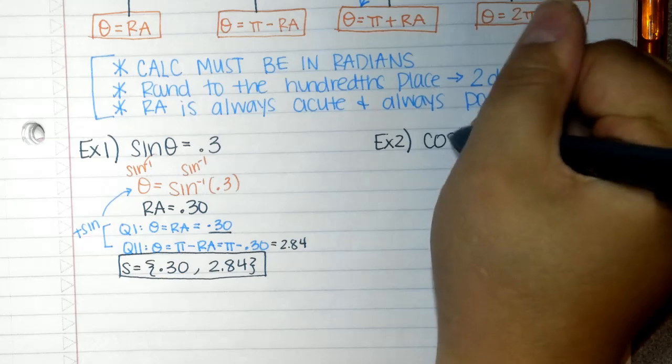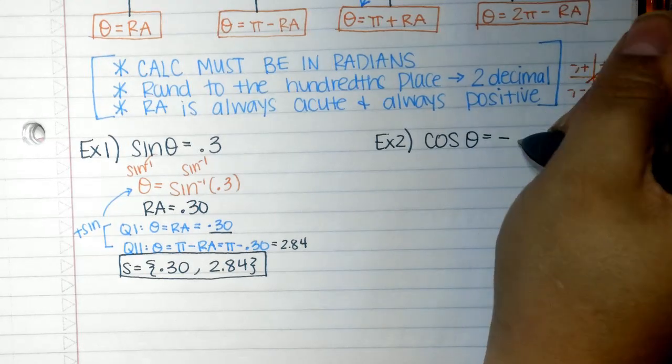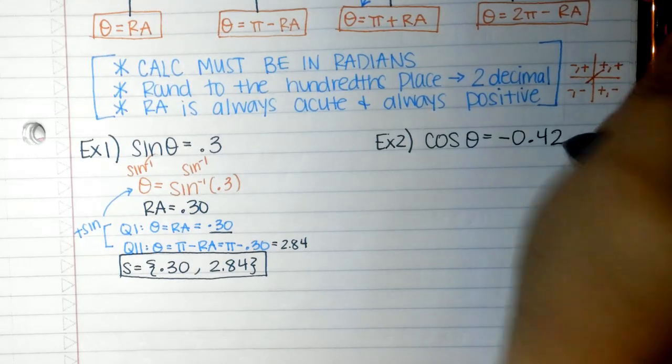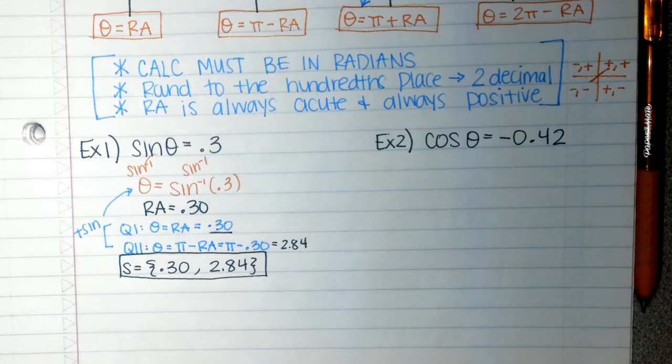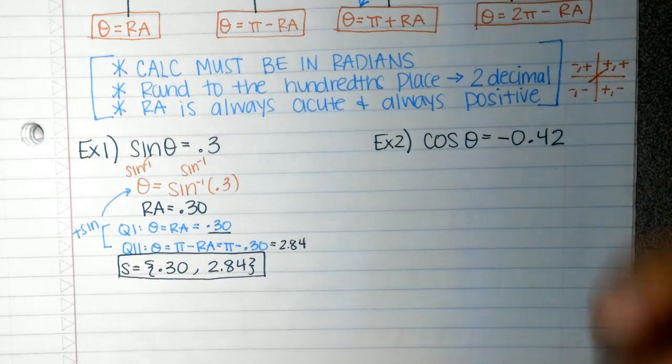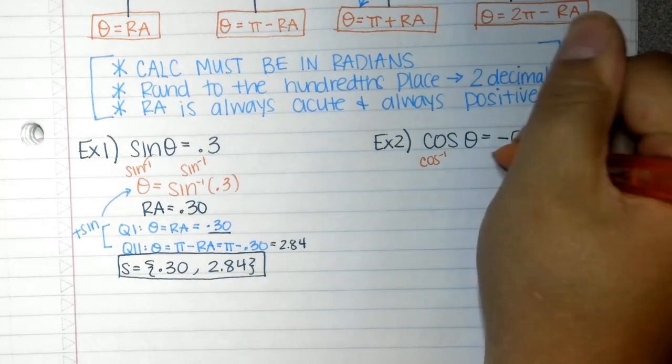Let's do the cosine of theta equals negative 0.42. What am I going to do here? Inverse cosine.